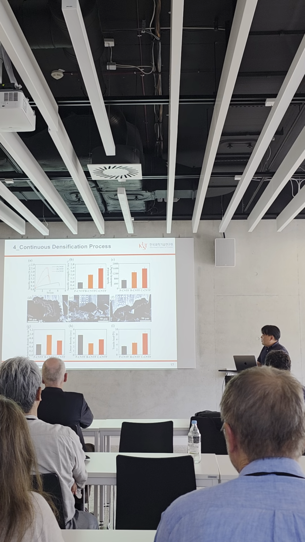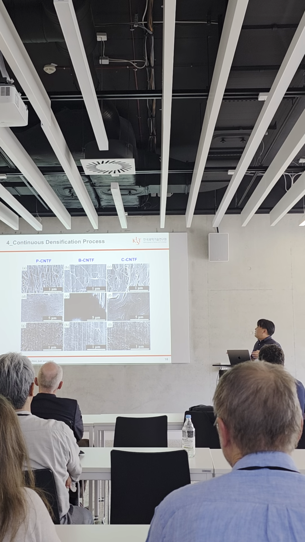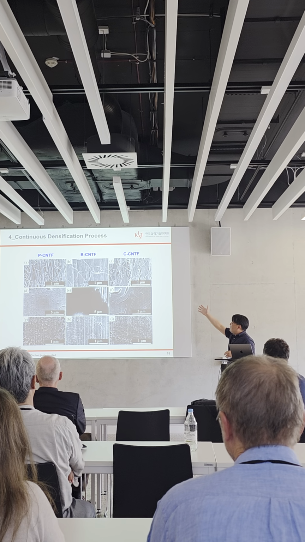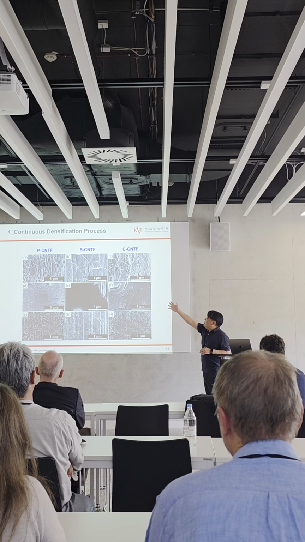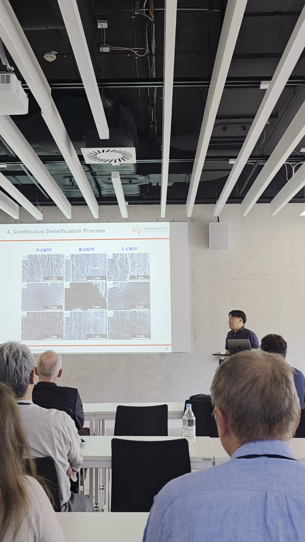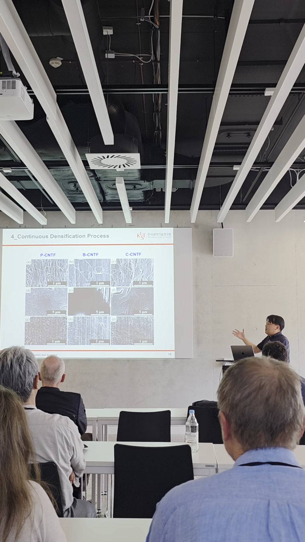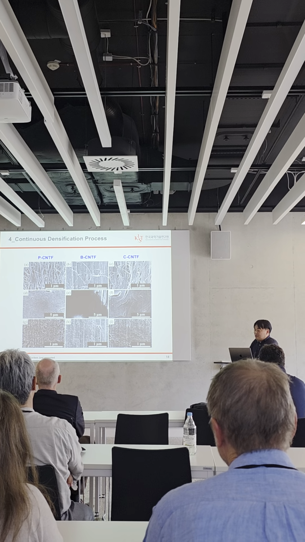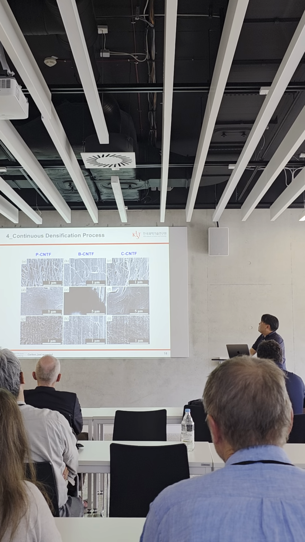So we thought about why this happens. Looking at the structure by SEM, obviously the batch process CNT fiber has the better internal structure, so we expected it to have better properties. But why does the continuously densified CNT fiber show better properties?